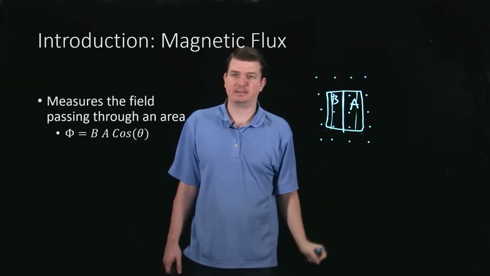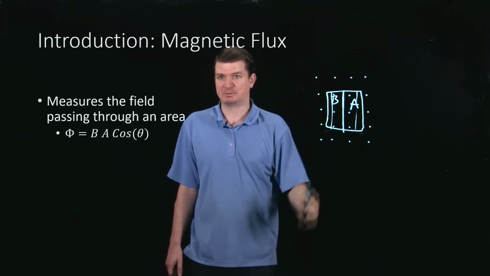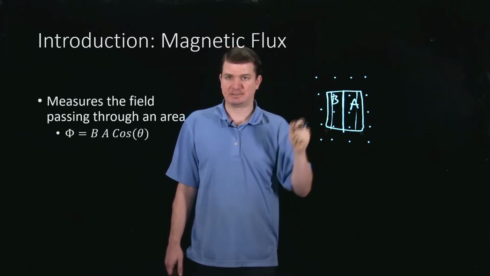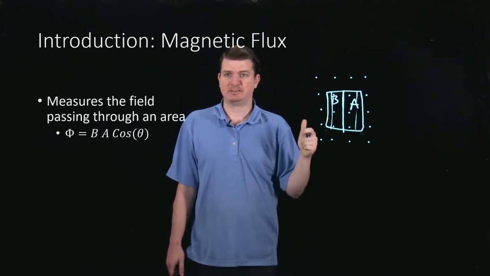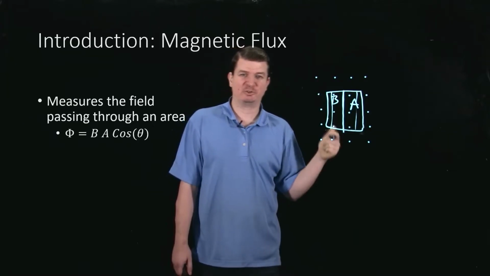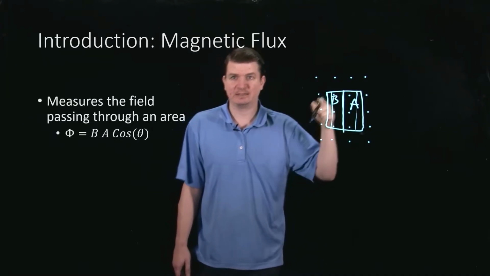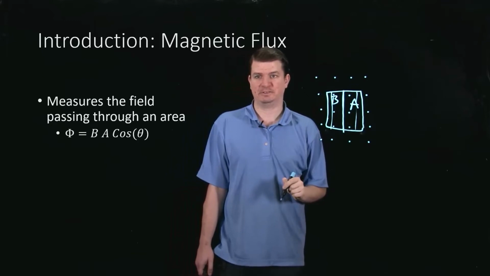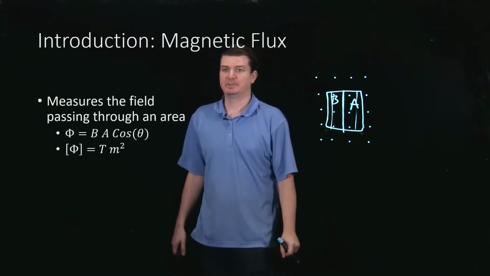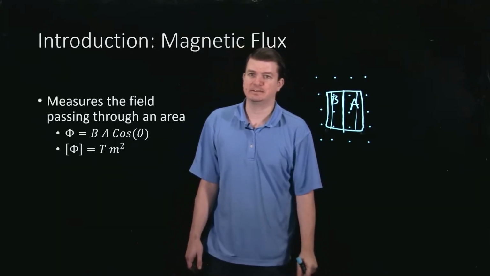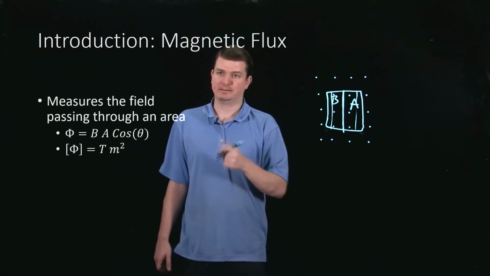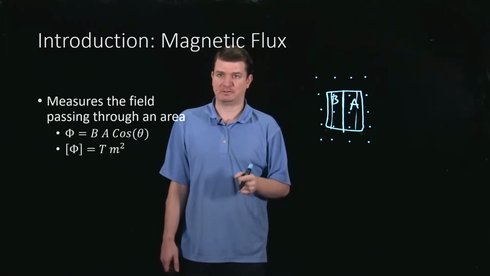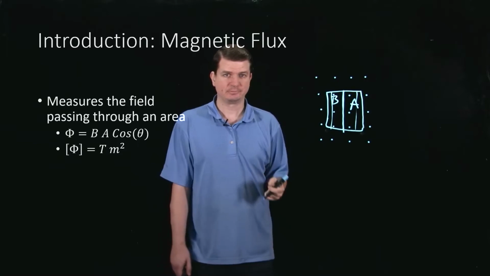For a single plane like this, it doesn't really matter which one you take, but the flux through that surface we take as B times A times the cosine of the angle between the magnetic field and the outward normal of the surface. The units for that are simply Tesla times meter squared, Tesla from the magnetic field, and meter squared from the area.